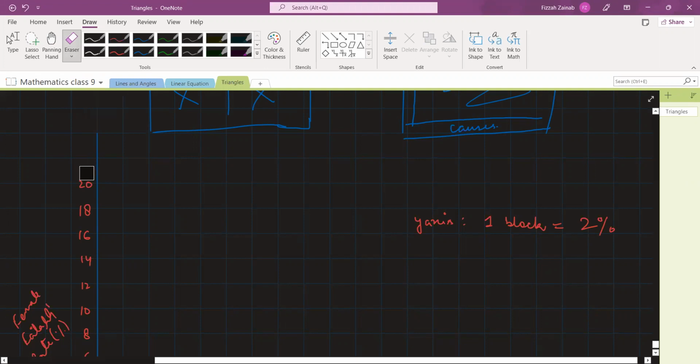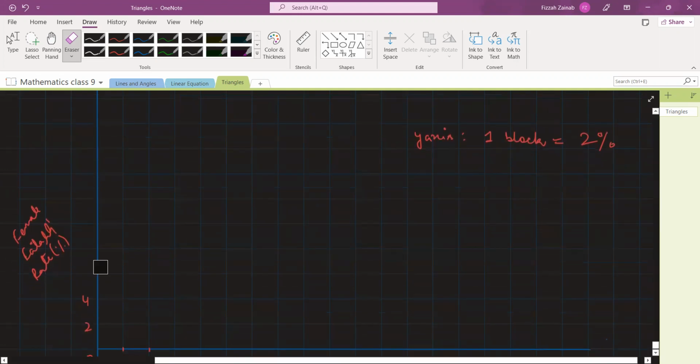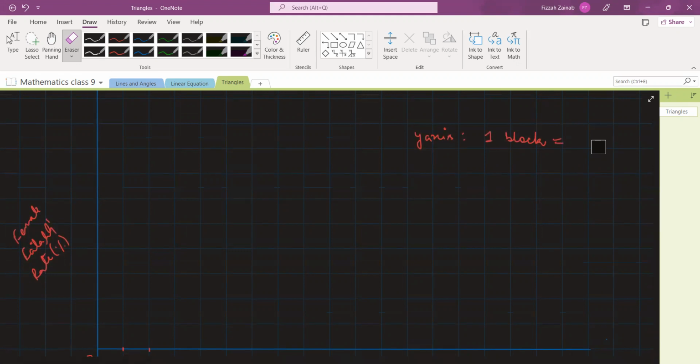It will be again difficult to draw. I think let us choose some different scale. You can, I think, take it like this also.